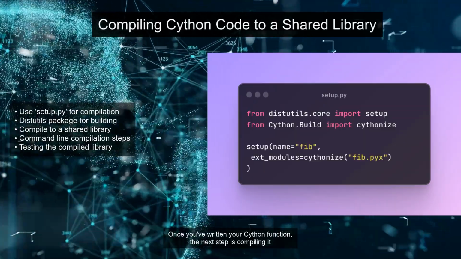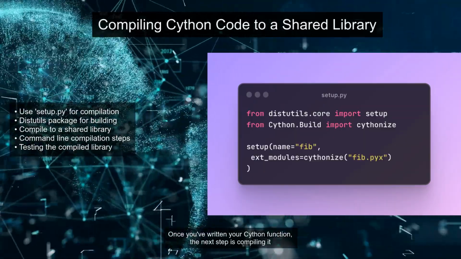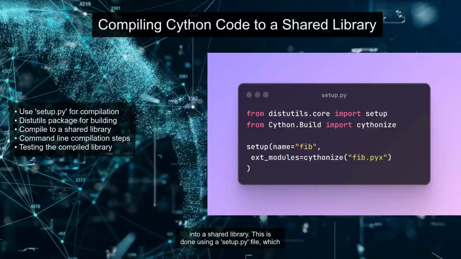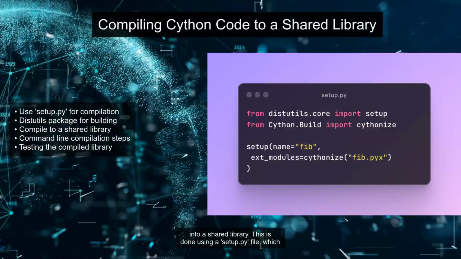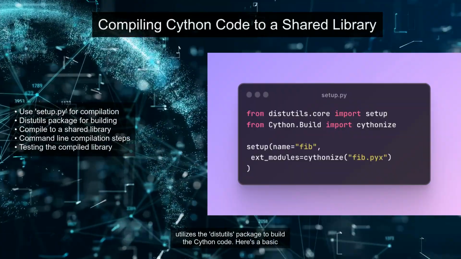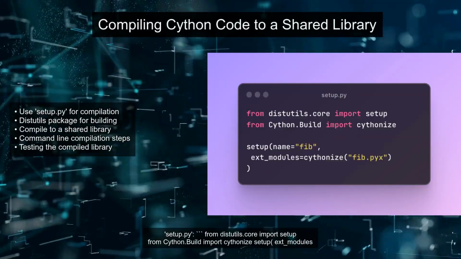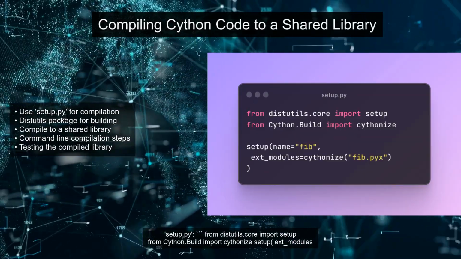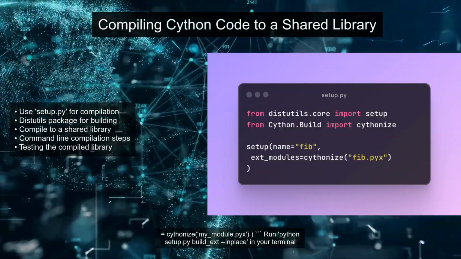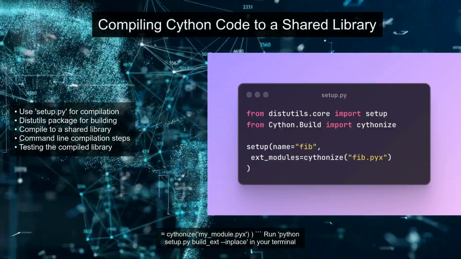Once you've written your Cython function, the next step is compiling it into a shared library. This is done using a setup.py file, which utilizes the distutils package to build the Cython code. Here's a basic setup.py: from distutils.core import setup, from Cython.Build import cythonize, setup(ext_modules=cythonize('my_module.pyx')).